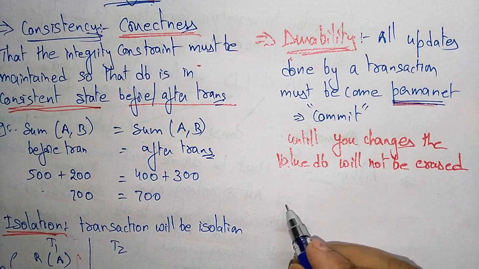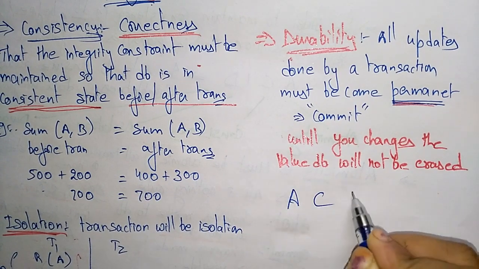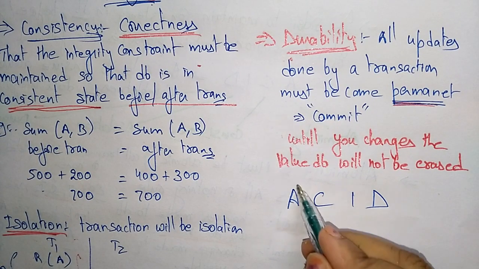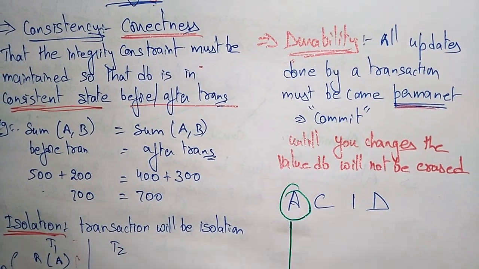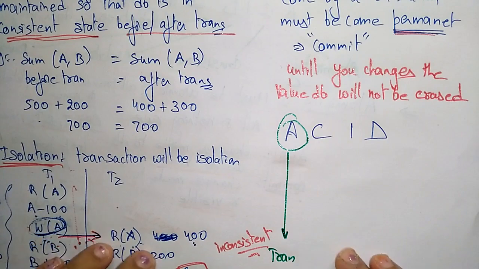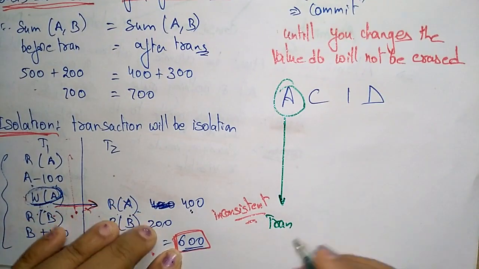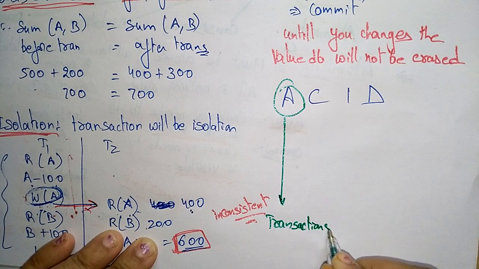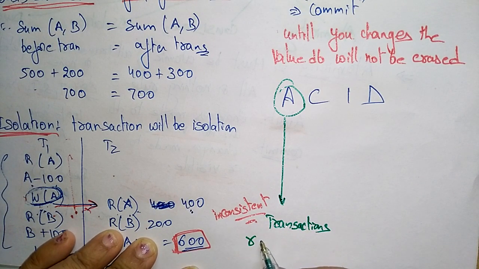So these are the different ACID properties. A is atomicity. What does atomicity do? Transactions are all or nothing.